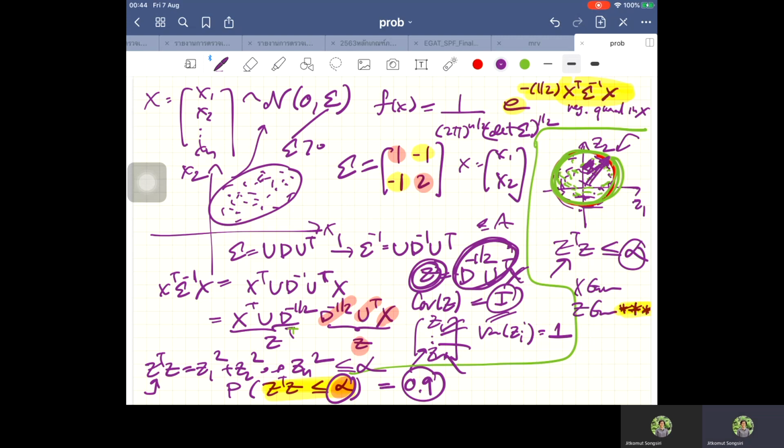Because Z is uncorrelated Gaussian with variance of 1, it also comes with the property of Gaussian that uncorrelated Gaussians are also independent.